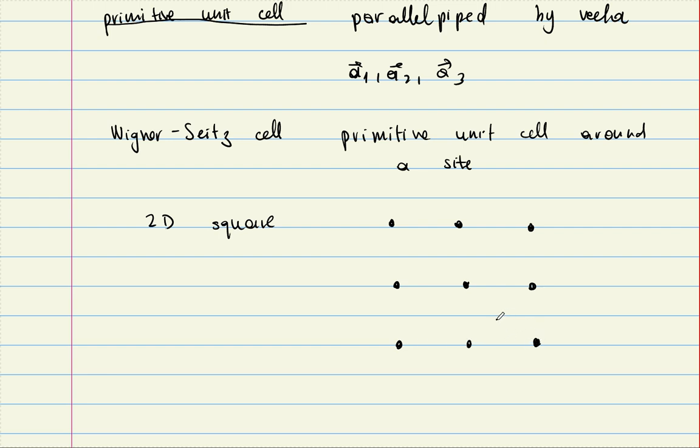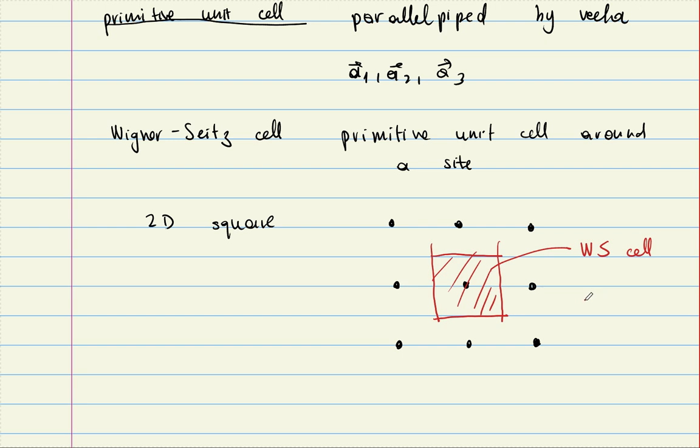For Wigner-Seitz, let me use red. I choose a site, this central site, and I look at the nearest neighbors. This is a nearest neighbor, I draw a line. I look at the next one, I draw a line. And the next, and the last one. This one is the Wigner-Seitz cell.